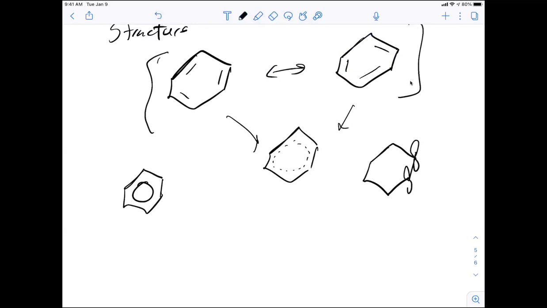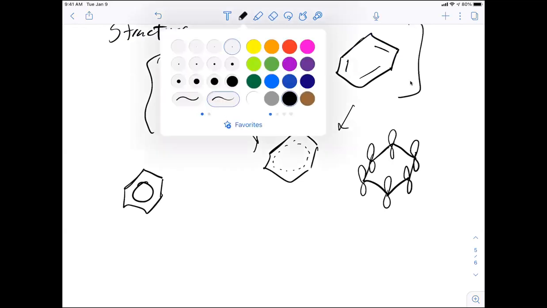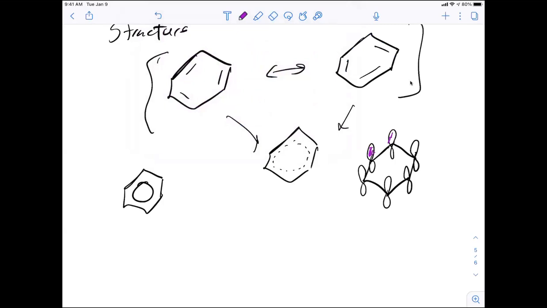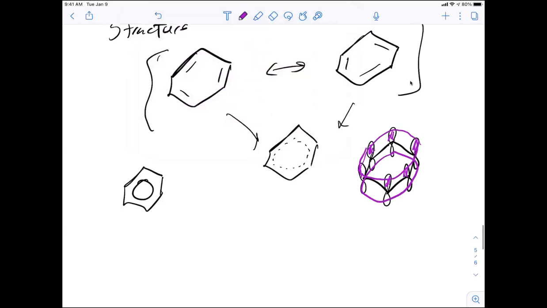And it's because if we look at our pi system, right, we can phase this in a way where all of the phases of the top are aligned, right? So that we have a continuous pi system throughout this. This continuous pi system is the stability for the ring system.